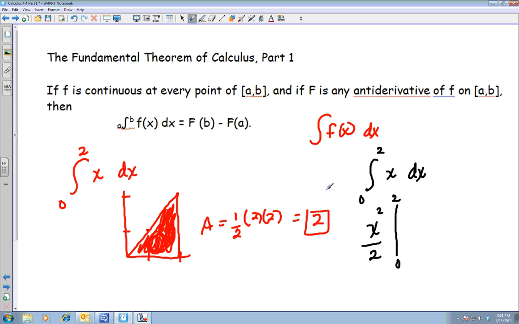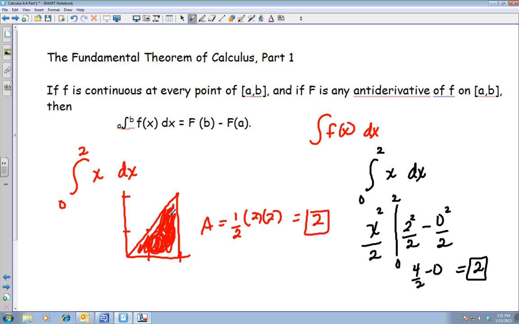So I'm going to plug my top number in, so 2 squared over 2, minus whatever I get when I plug in my lower limit, 0 squared over 2. And that's it. You find the antiderivative, plug your upper limit in minus your lower limit. And then I simplify that: 4 over 2 minus 0, which is 2.